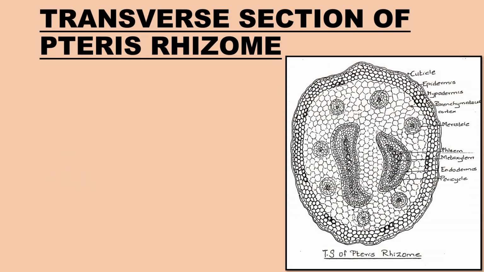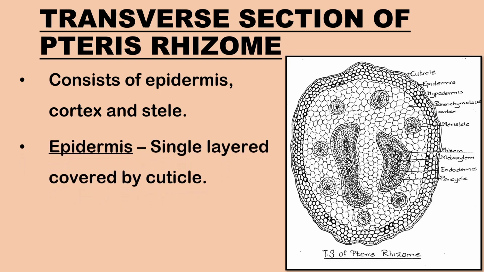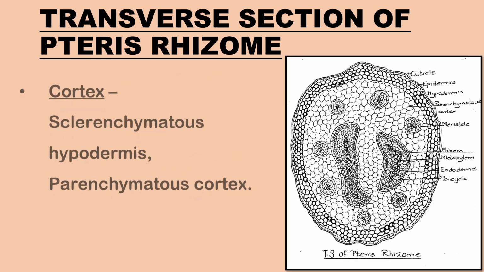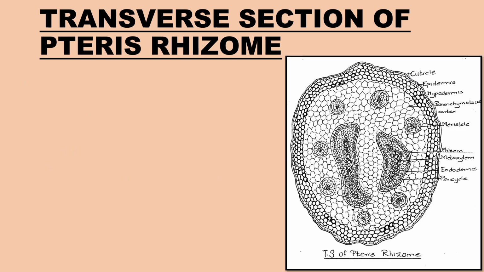Next is the transverse section of Pteris rhizome. The TS of Pteris rhizome shows epidermis, cortex, and stele. The epidermis is single-layered, covered by thick cuticle. The cortex consists of a few layered thick sclerenchymatous hypodermis and a broad parenchymatous cortex.